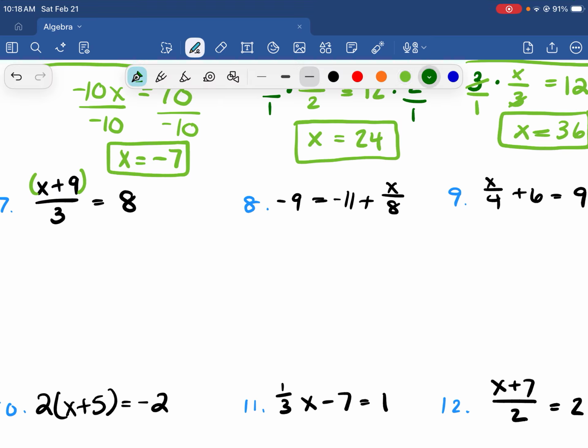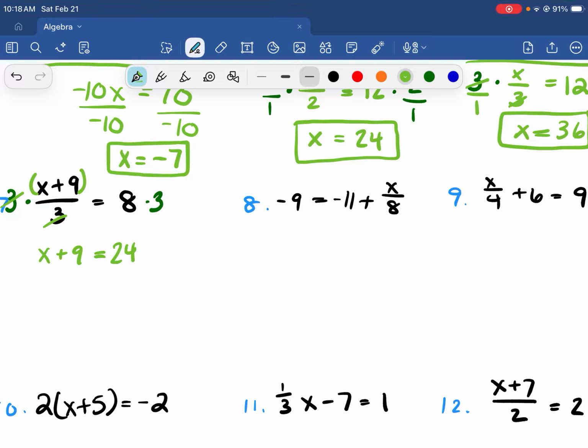So first thing I really want to do is multiply or divide away. I'm going to multiply by 3. And that cross cancels, so I'm just left with x plus 9. 8 times 3 is 24. Now I can add and subtract away.